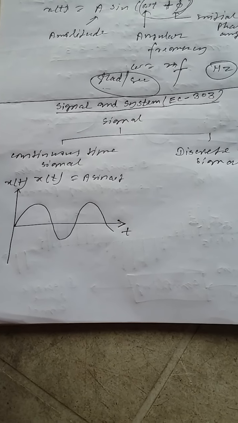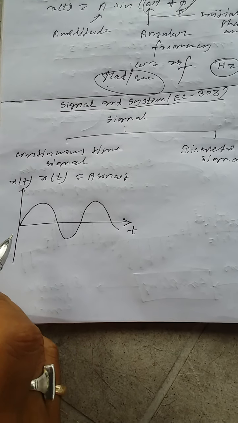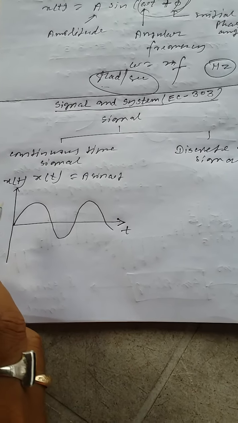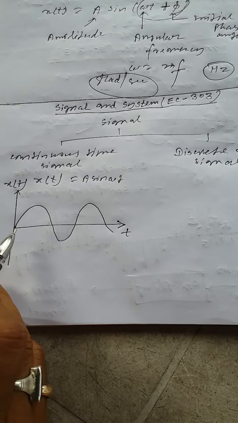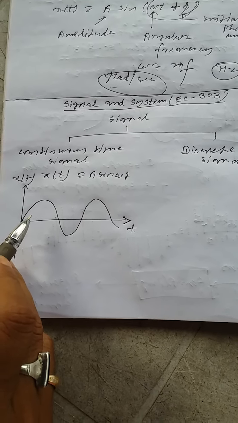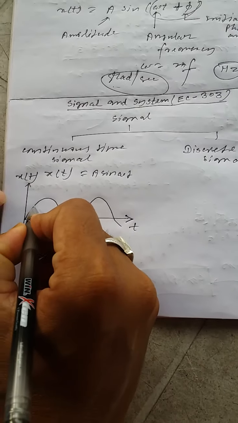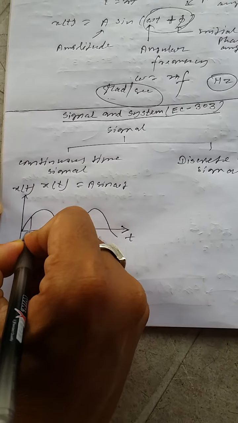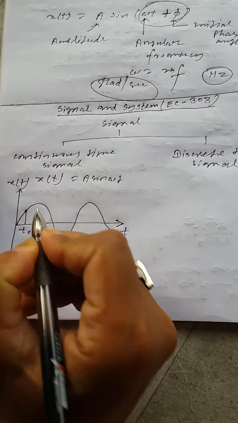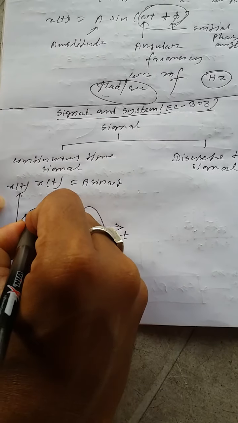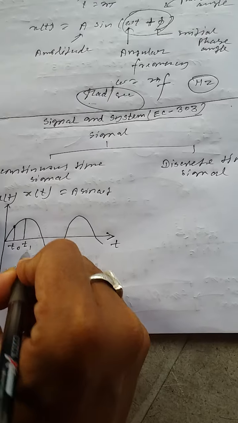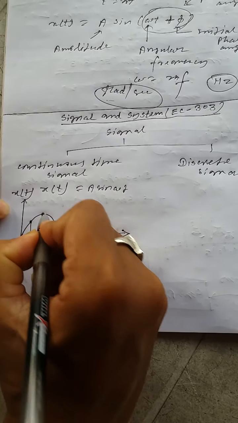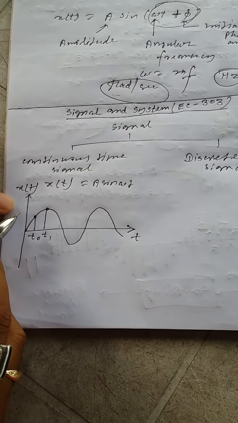Okay, here we can see that we are getting the value of x of t at every instant of t. Say for this time instant t0, the value of the signal x of t is this. Again, at time t1, the value of the signal is this. Value means amplitude.